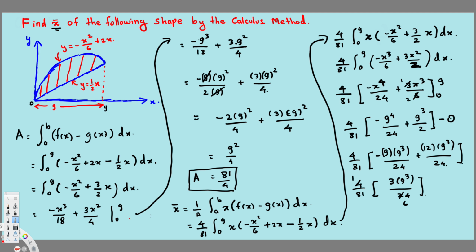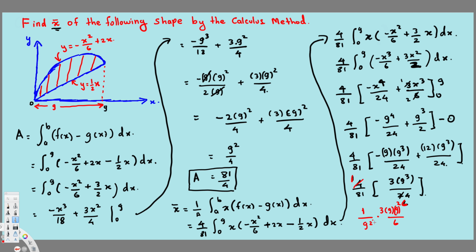So let's use a different color. 1, 6, and here cancel this one. 1 over 6, and then I have to cancel this one too. Let's see. So I can write this one as 9 square, and also this one is going to be 3 times 9 times 9 square, right? Same thing, 9 square times 9 is going to be 9 cube. So I can cancel this.